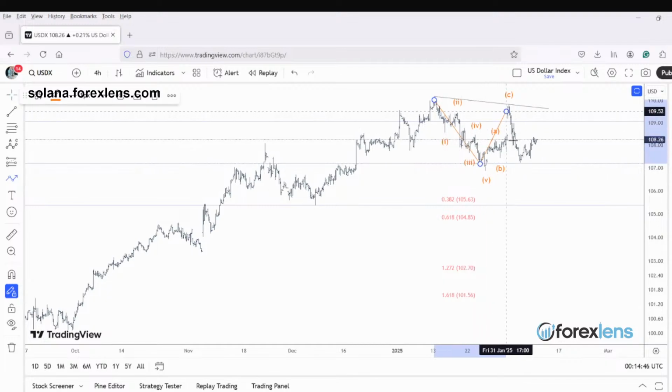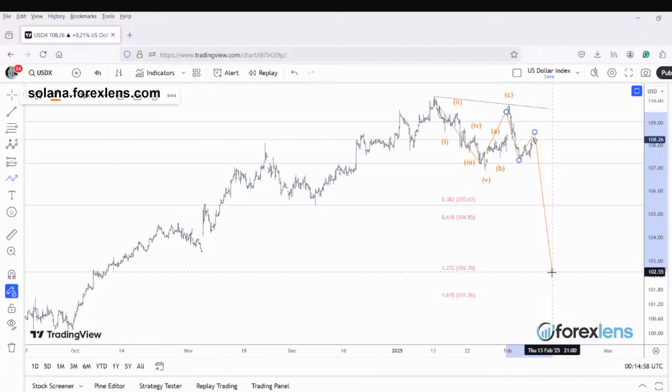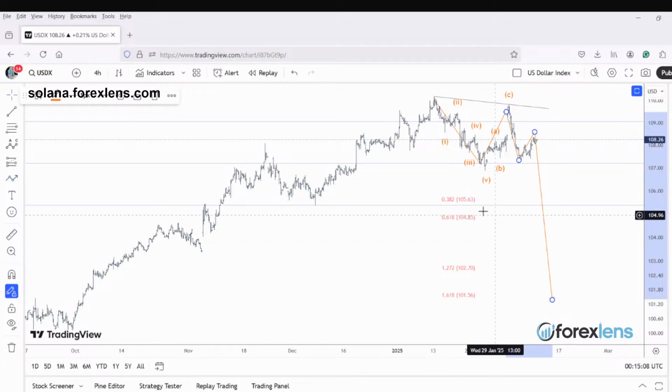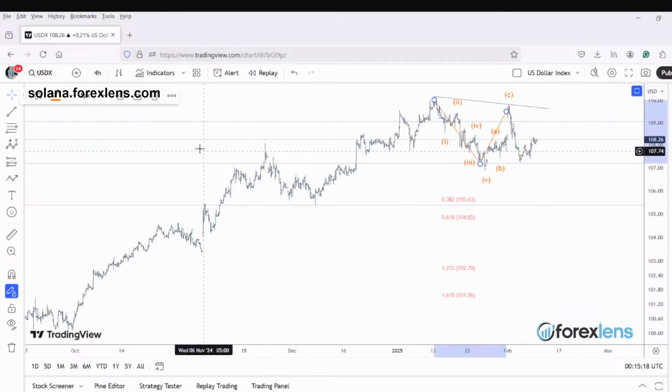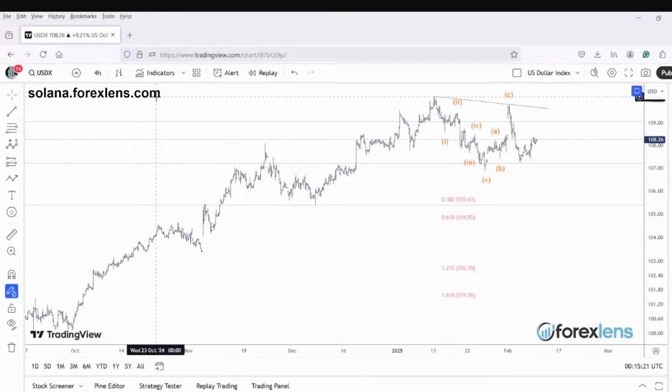1, 2, and I've seen many cases unfold like this, where you have a series of ones and twos unfold, and then it really breaks through the third wave, and the third wave is so elongated and expanded that it takes off not only the first target but maybe a couple more targets as well. And the more sideways it remains, the more powerful is the effect of a breakout.